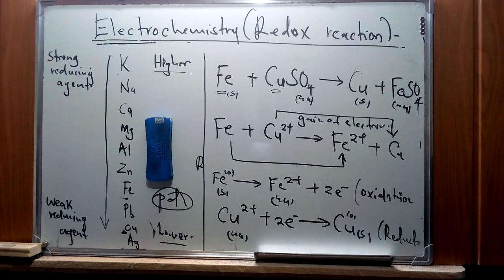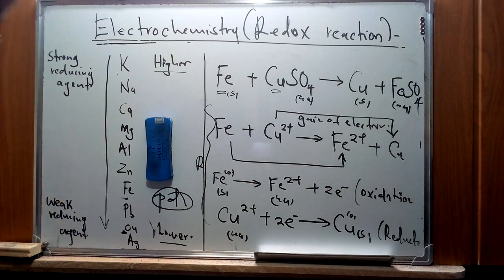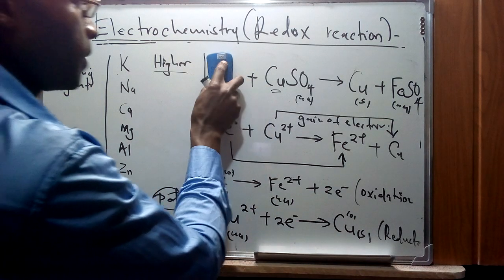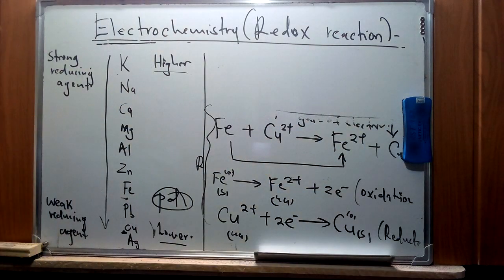I hope that we have understood the concept of a reduction oxidation reaction using these specific demonstrations that we have done on the board. So finally, I'm going to give an acronym that we can use in remembering the concept of a redox reaction whenever you come across it.